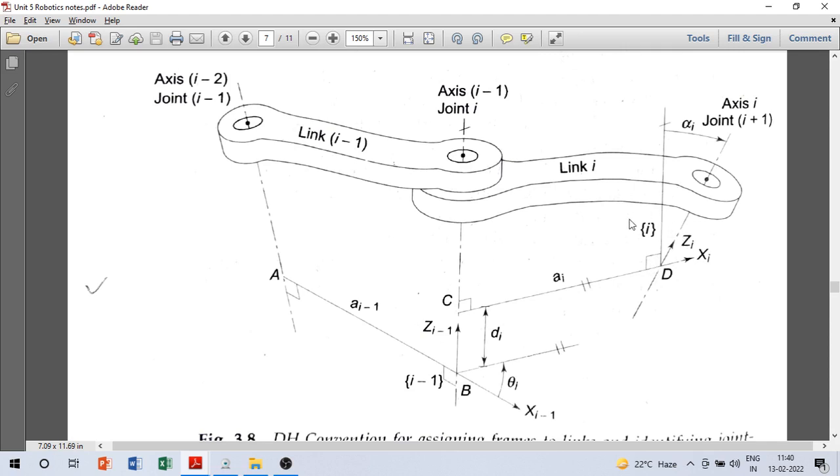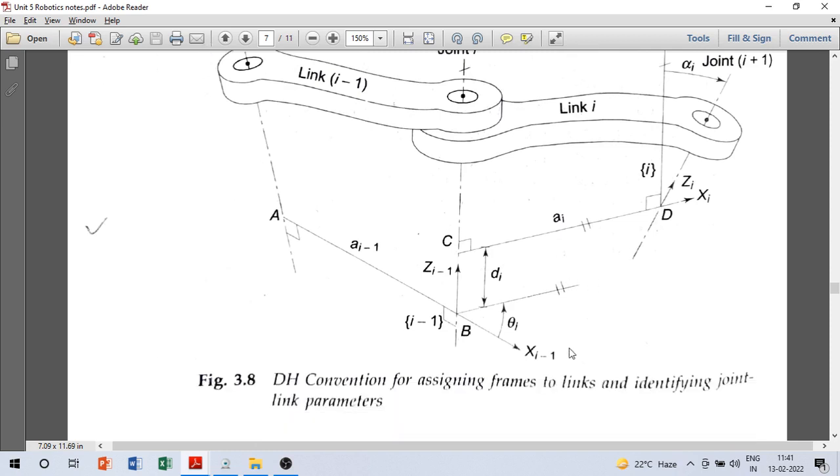So this is coordinate frame i here. When we are doing the problems, we generally don't need y_i, so just showing x_i and z_i is sufficient. This is coordinate frame i. It looks like it is not on link i here, but actually it is attached to the link. As link i moves, this moves along with it.